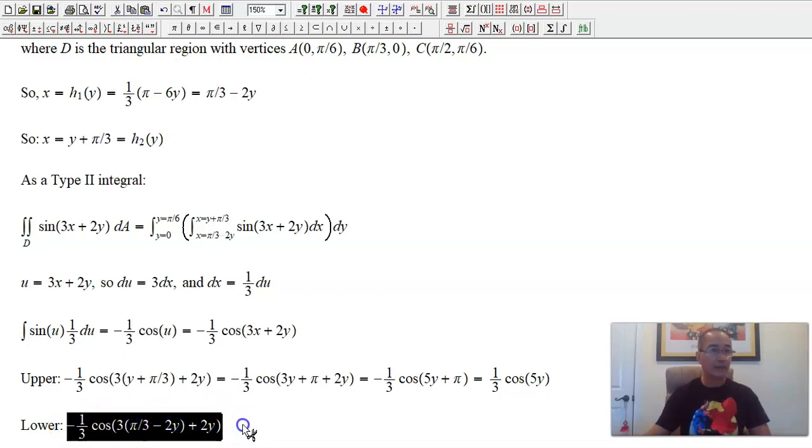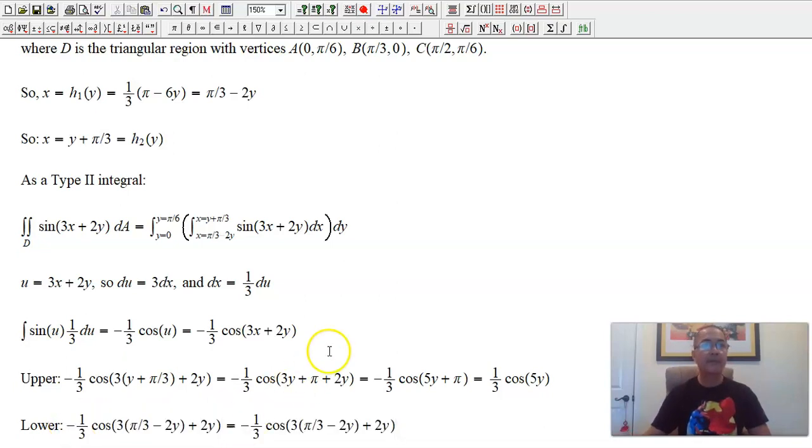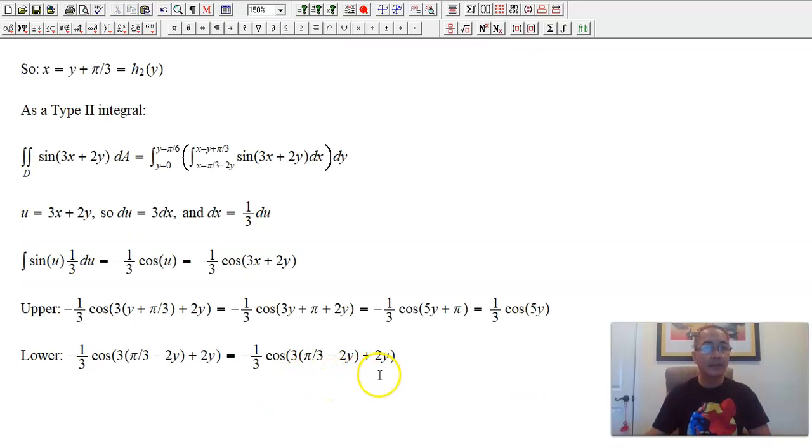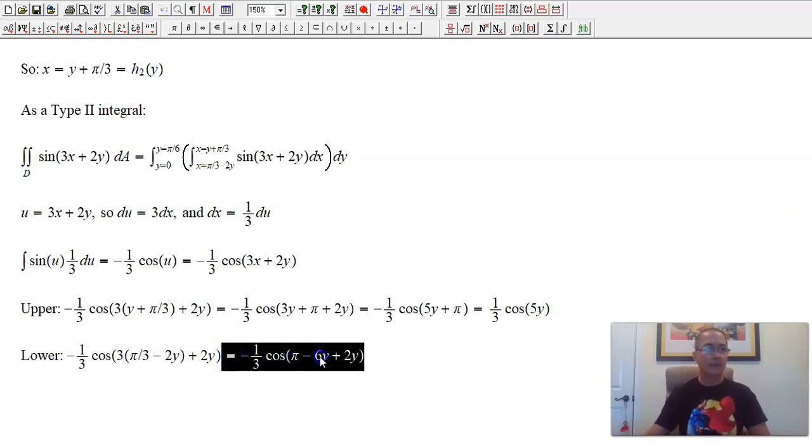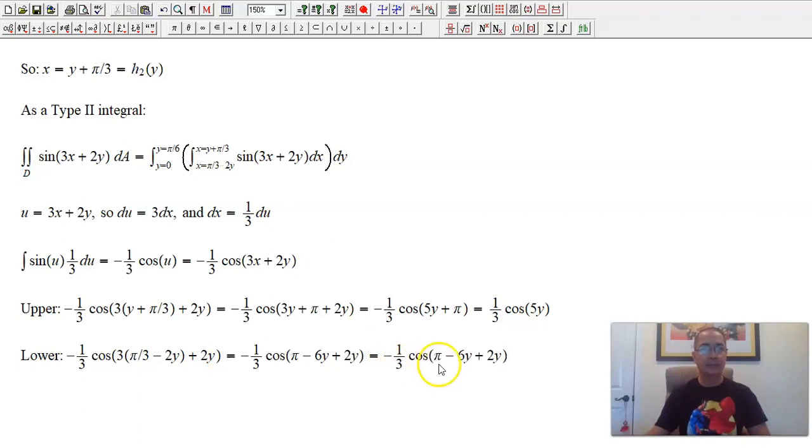So this is going to be, what do we have here? Distribute the 3. We're going to get pi, and then minus 6y, plus 2y. So that will be pi minus 4y.